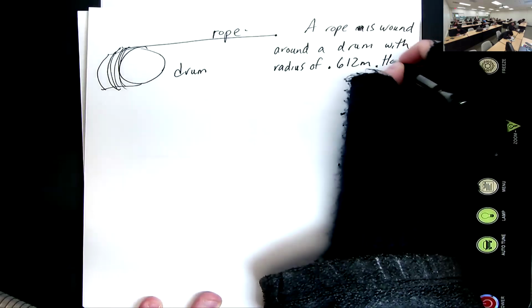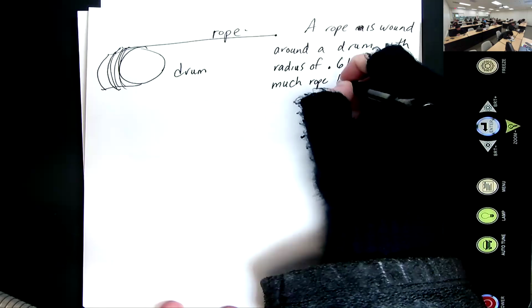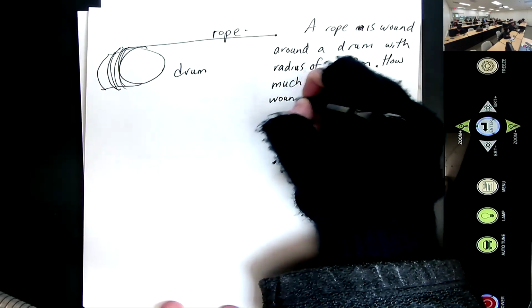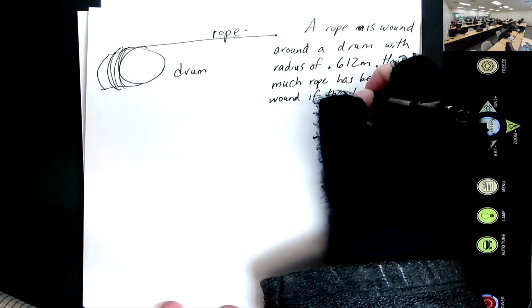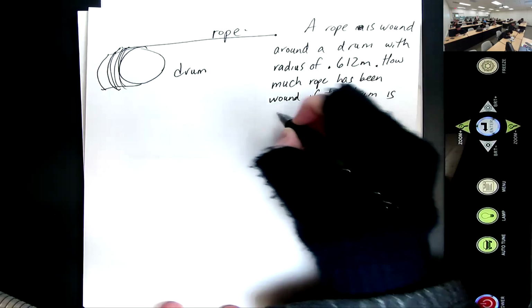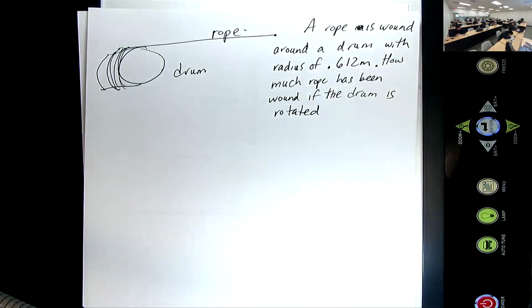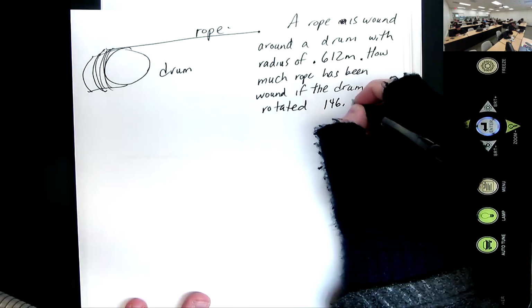How much rope has been wound if the drum is rotated 146.1 degrees?